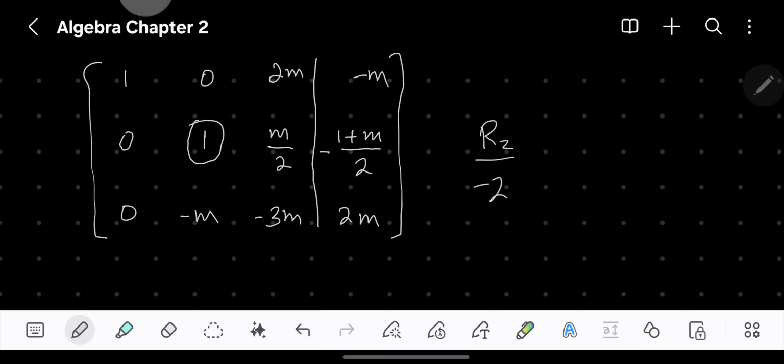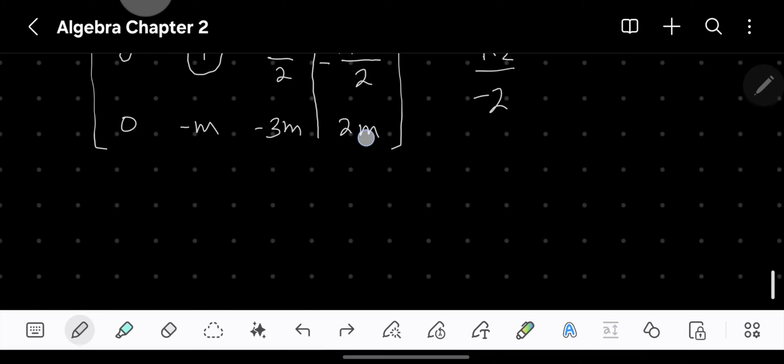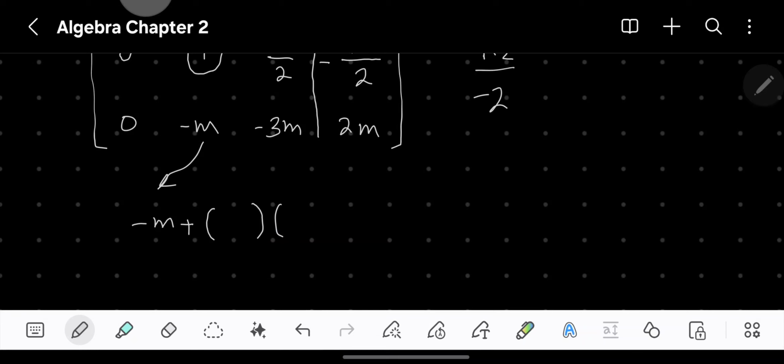I have to make 0 here and here, top and bottom. Since on the top there is already 0, so I will make this 0. How can I make this 0? Look, this is minus m plus I should write something times the pivot.